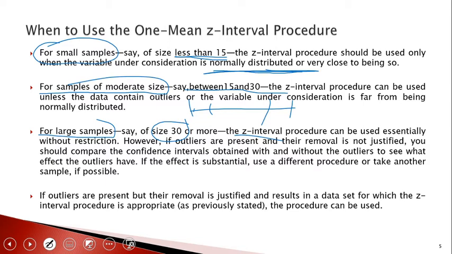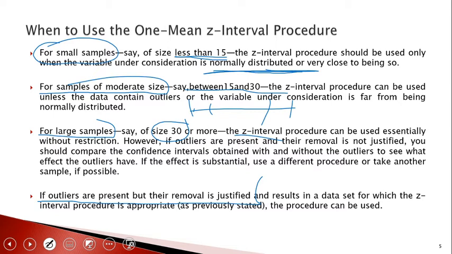If outliers are present but their removal is justified and results in a data set for which the confidence interval procedure is appropriate, you can simply remove your outliers.